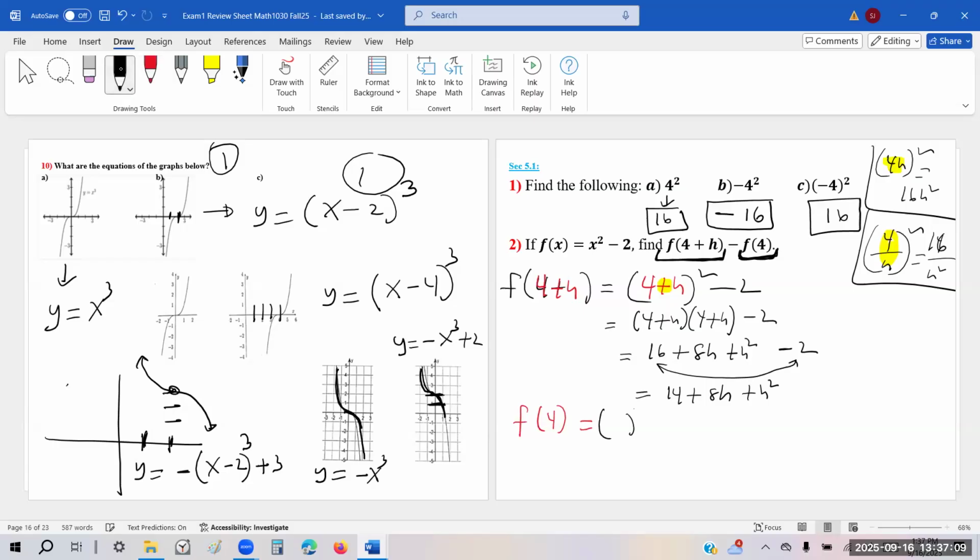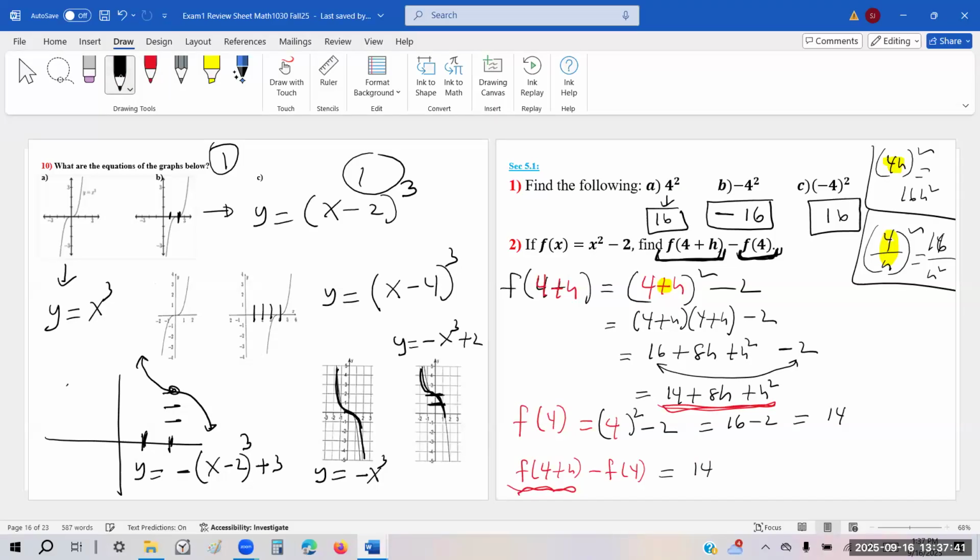So you do the same thing, x squared minus 2. Instead of writing x, you write 4 squared minus 2. So what do you get? 16 minus 2, that gives us 14. So we found our first term, we found our second term, and now we can combine them with a minus. We have f of 4 plus h minus f of 4. This thing is here.